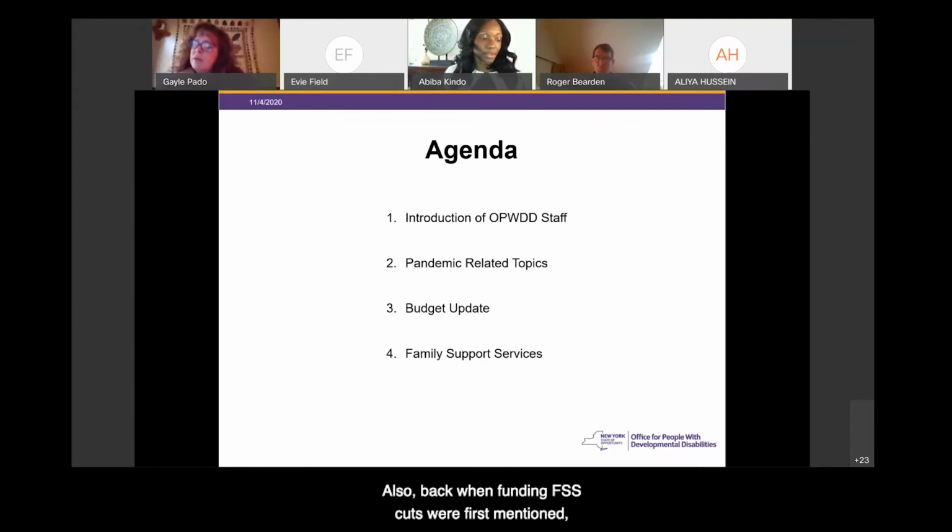Also, when funding FSS cuts were first mentioned, we'd asked some questions about data that was being looked at to help inform those decisions. And I know we've asked for data several times since then, but we don't seem to get it. And I'm wondering, even submitting questions in advance, I'm a little concerned.